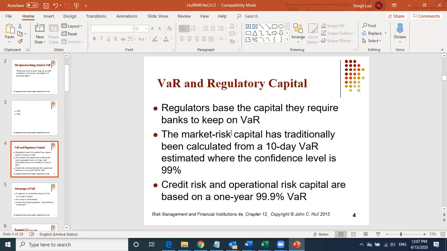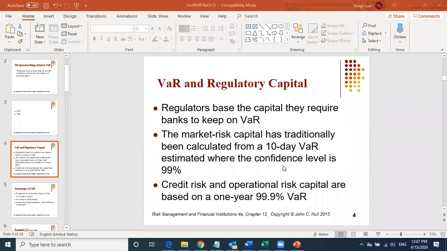Okay, so VaR and regulatory capital: regulators require banks to keep capital based on value at risk. The market risk capital has traditionally been calculated from a 10-day VaR estimate where the confidence level is 99%. This is very important.